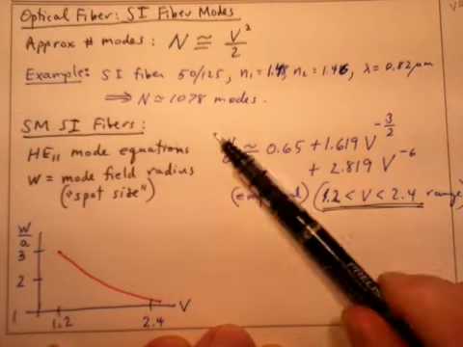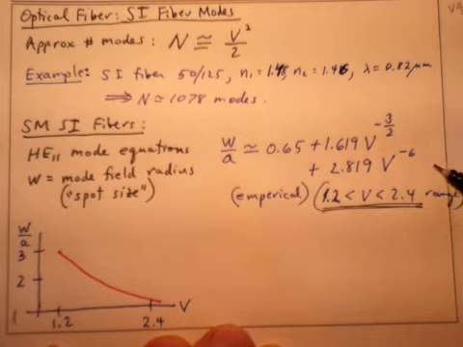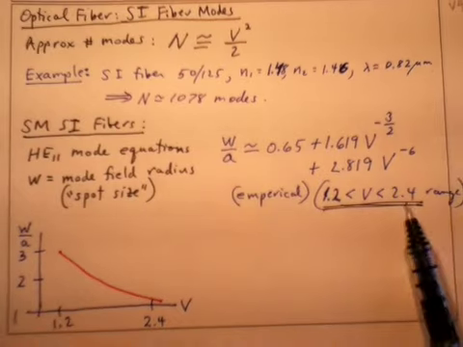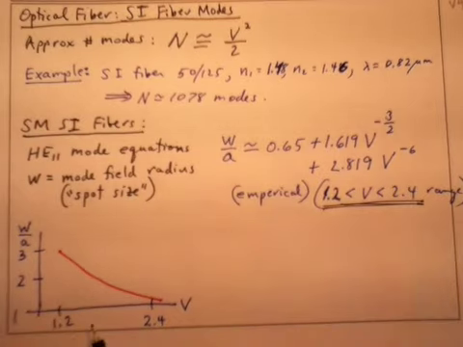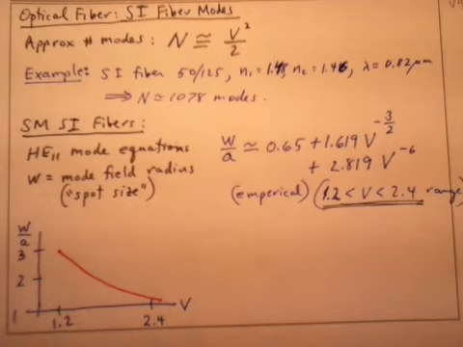It's not something that we're deriving from first principles, but it's a good fit in this range of normalized frequencies. And I've shown the plot down here, at least a rough plot. And what it shows is that as the normalized frequency ranges from 1.2 up to 2.4, the normalized spot size goes from 3 down to about 1.1.